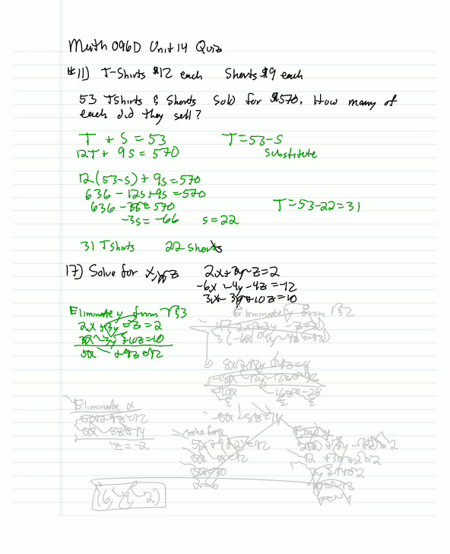How about eliminate y from 1 and 2. Now this one takes a little more work because they're not going to cancel out. One's got a 3, one's got a 4. So a common multiple there is 12. So I will do 4 times the first one, 4 times 2x plus 3y minus z equals the 2.